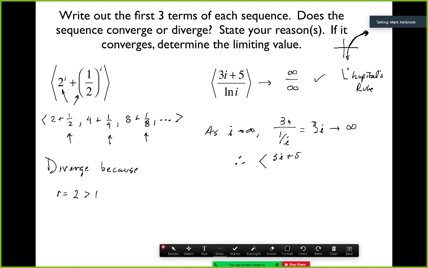So since the ratio of the derivatives has a limit of infinity, or gets big without bound, the original sequence diverges as well. Okay, questions on these examples?